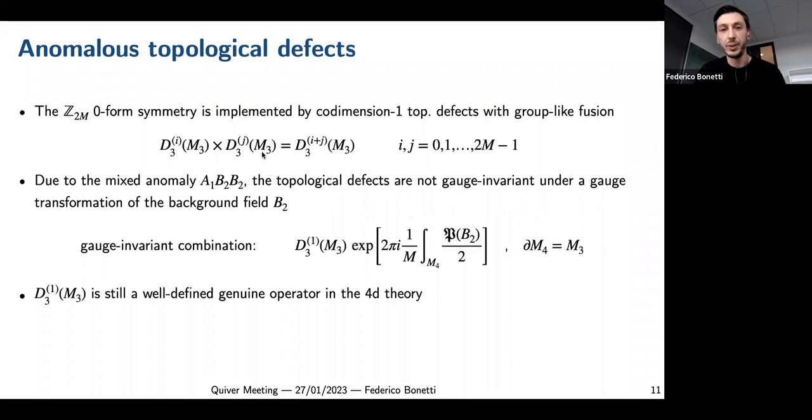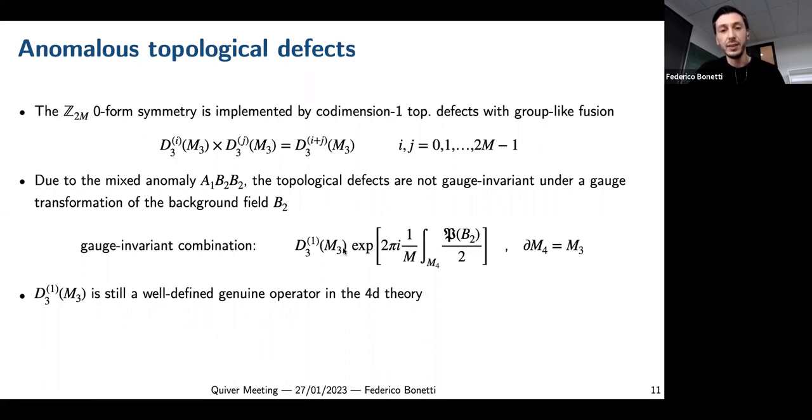And as on my first slide, when we fuse them together, they just have a fusion that is group-like. So in this parametrization, they're just integers mod 2M, precisely as one would naively expect. But we have seen that there is an ABB anomaly. That means that if we look at one of the D3 defects and we try to do a gauge transformation of B2, the other one, it's not going to be invariant.